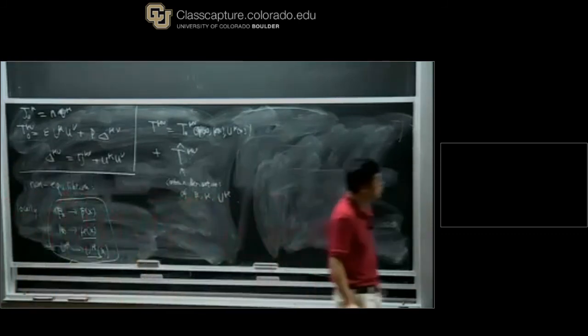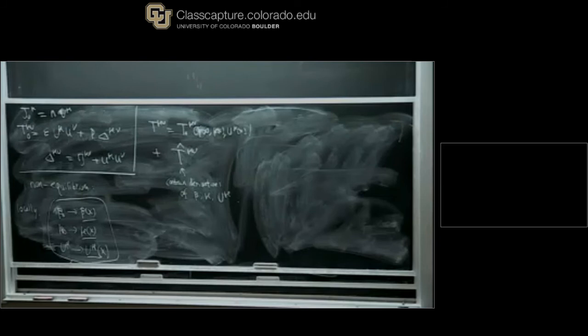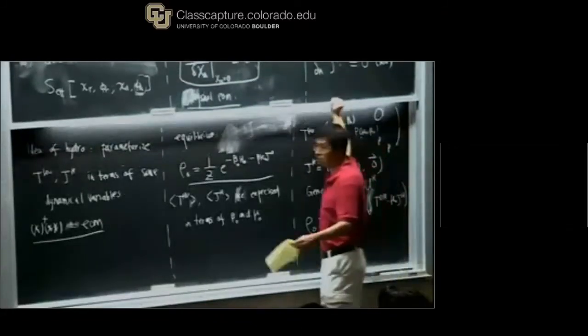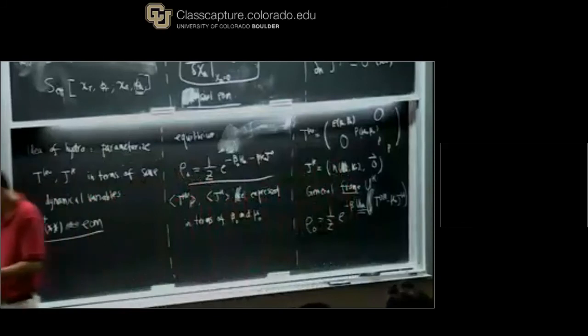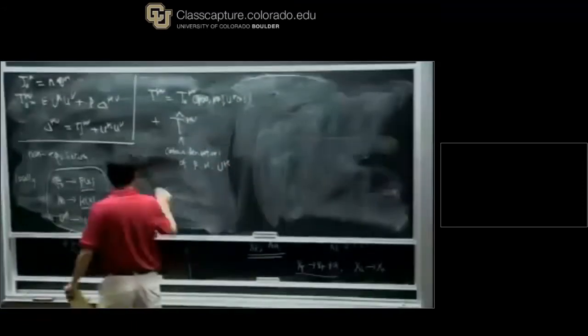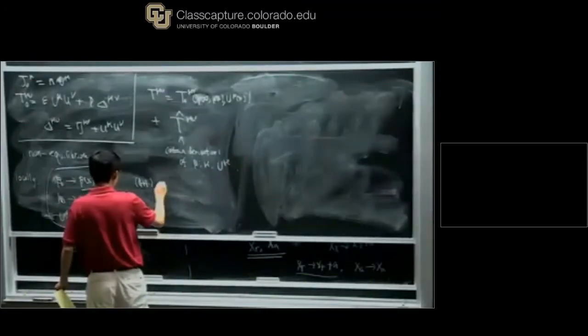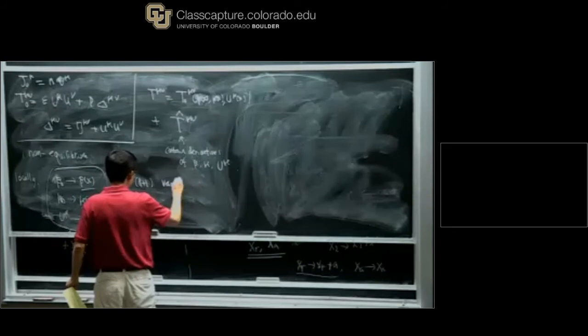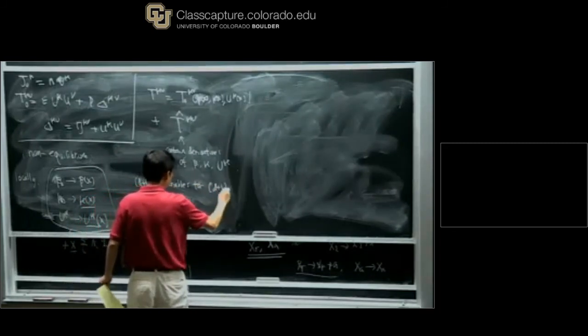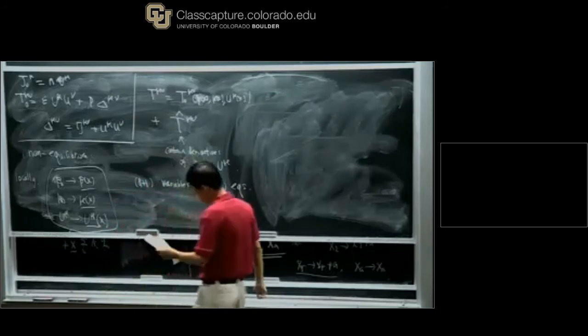And here we have d plus 1 equations, because here there are d equations, and then there's 1 equation. So we have d plus 1 variables for d plus 1 equations. So we have a closed system.